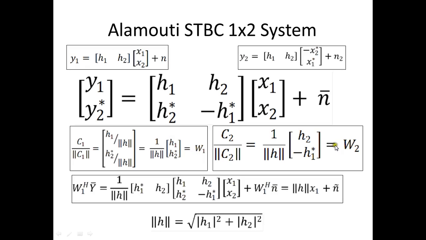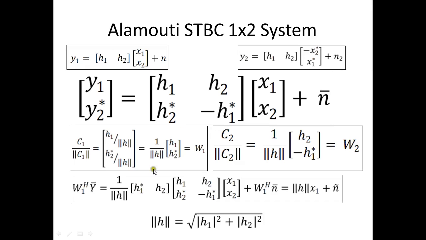Now W1 and W2 are the beamformers. They are required for decoding the symbols transmitted in transmit instant 1 and in transmit instant 2 respectively, and their values are given in these two equations.